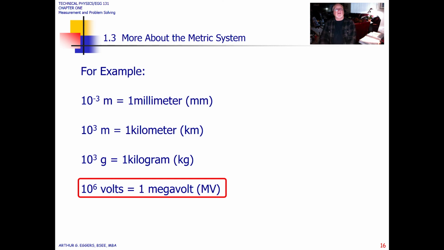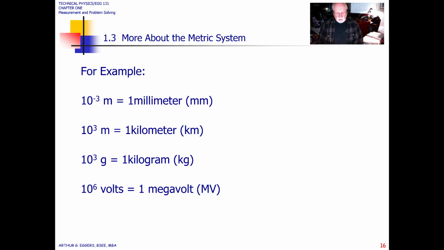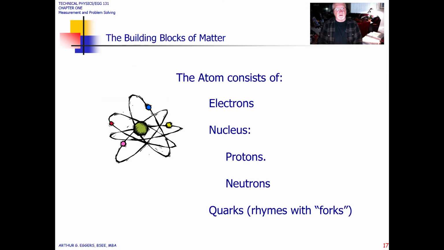Okay, so it's easier to use the metric prefixes than it is to use numbers with leading and following zeros that get very, very large and cumbersome. In the next section, then, we'll take a look at the building blocks of matter.